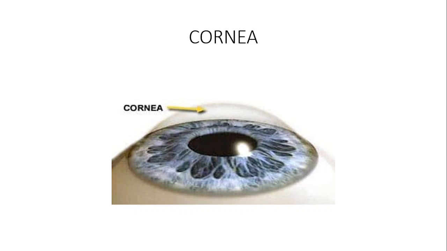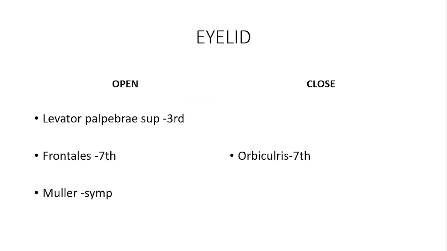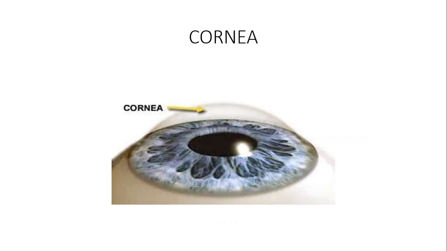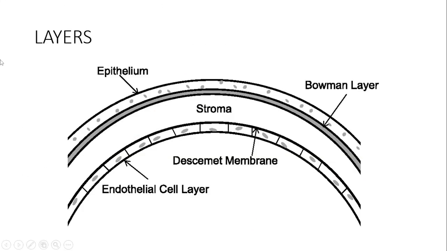Glucose may also be stored in form of glycogen in the corneal epithelium. When there's excess glucose in the cornea, it is stored in the corneal epithelium in form of glycogen.